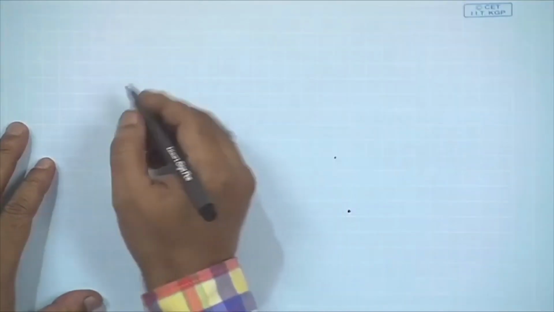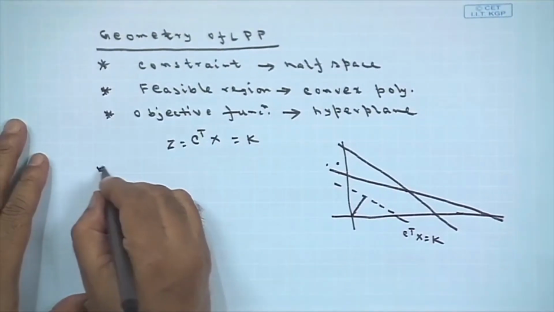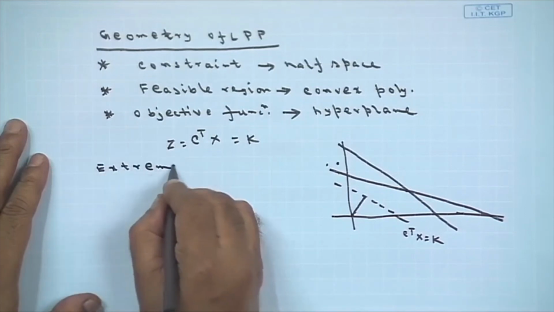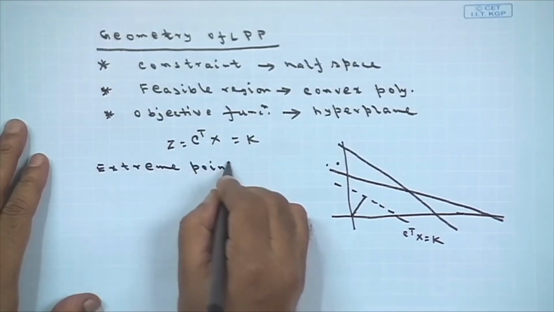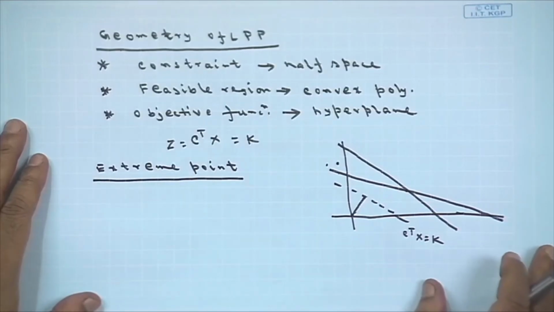Next one, let me explain from here itself. Extreme point we have already discussed. An extreme point is basically the intersection of two boundary lines.